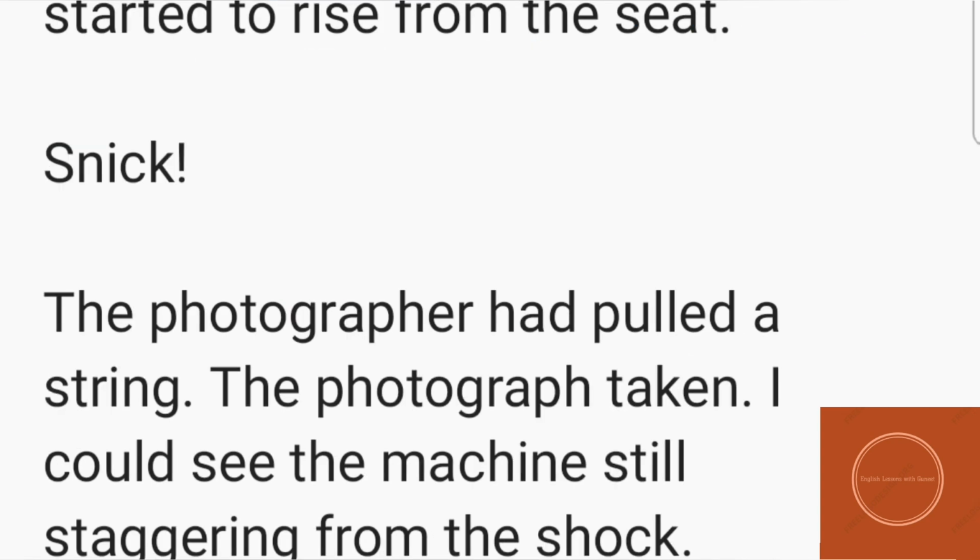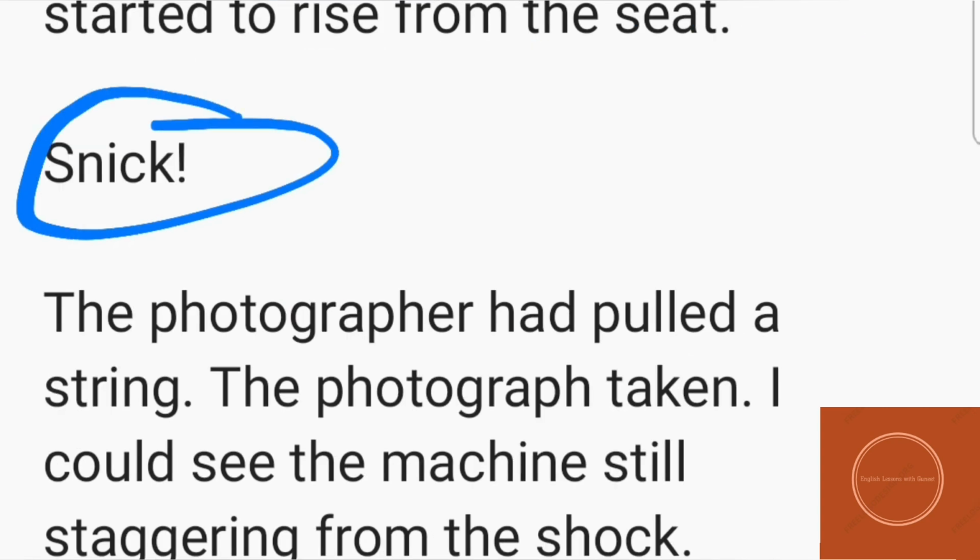So snick. So why was the sound heard? The sound was heard because this is the sound in which the photograph had been taken by the photographer. So the next thing is that the photographer had pulled a string. Pulled a string means he had taken the photograph. They have also stated this in the next line. I could see the machine still staggering from the shock.